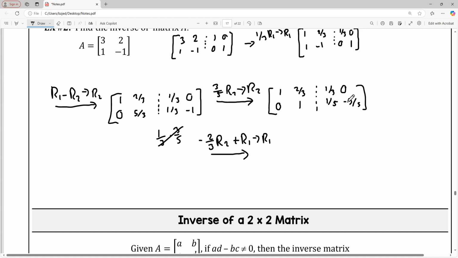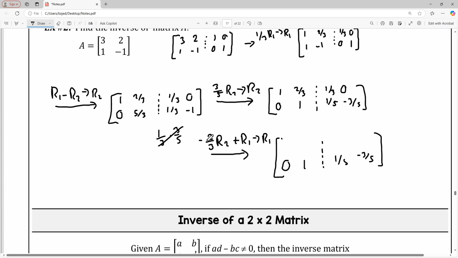I'm going to do -2/3 times this row and then add it to the top row to make a brand new row 1. My bottom row is going to stay the same: 0, 1, my augmentation, 1/5, -3/5.